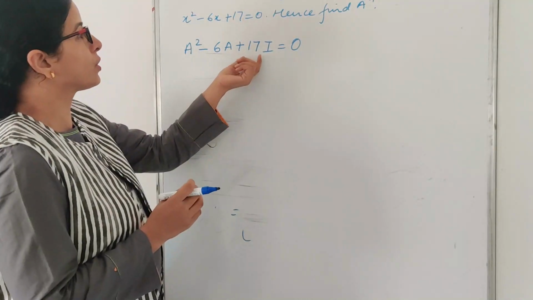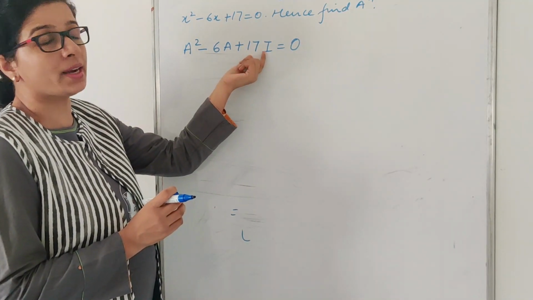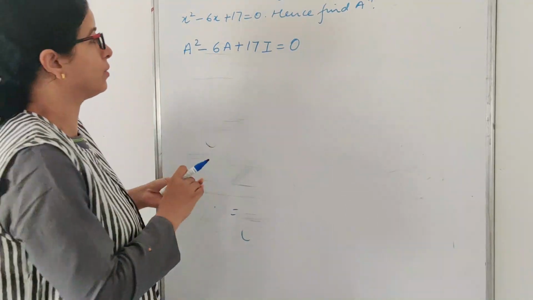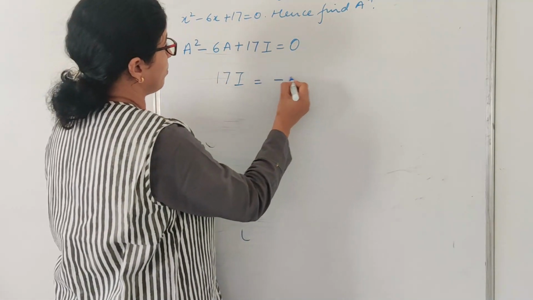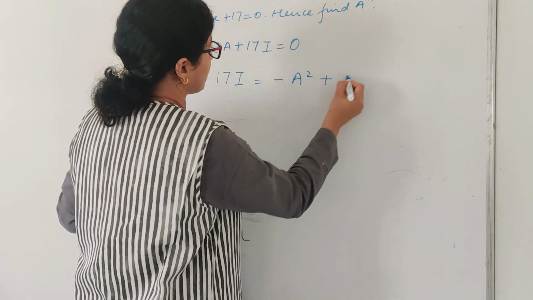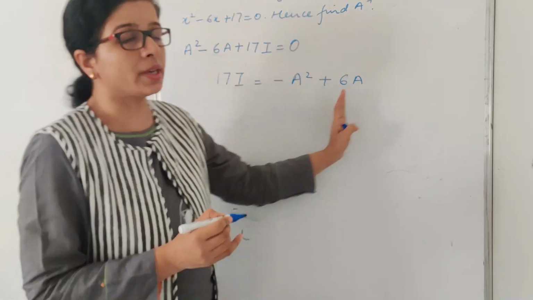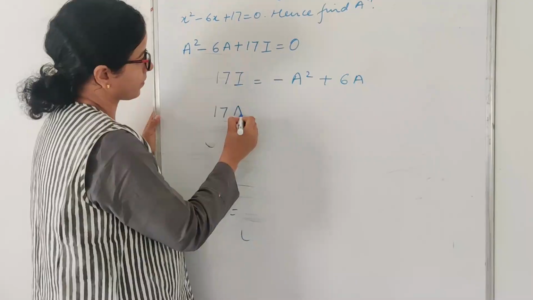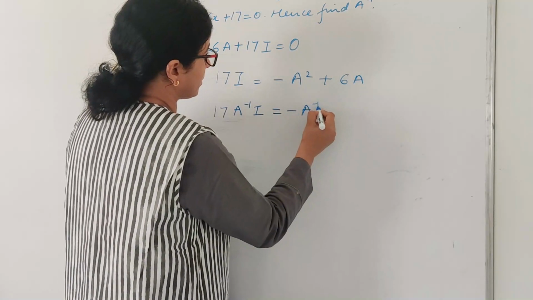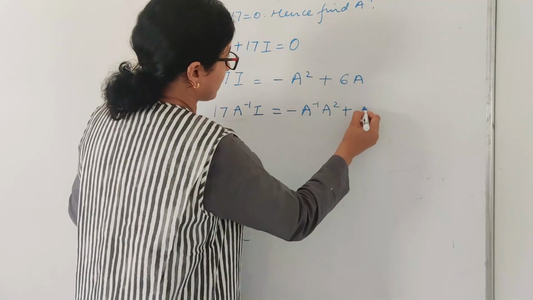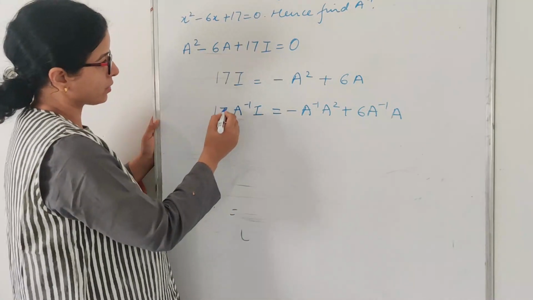So now what I am going to do, I will keep my identity matrix this side and the rest I will keep to the other side. So 17I is equal to minus A square plus 6A. And I will pre-multiply by A inverse on both sides: A inverse I is equal to minus A inverse A square plus 6 A inverse A. So what will it become?